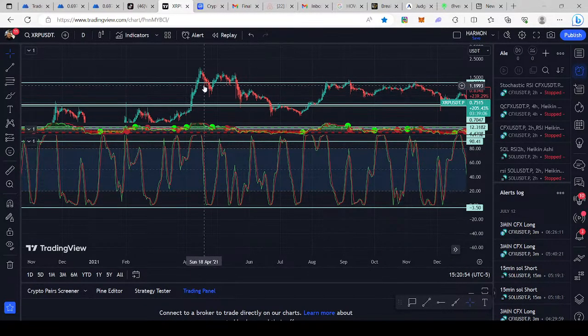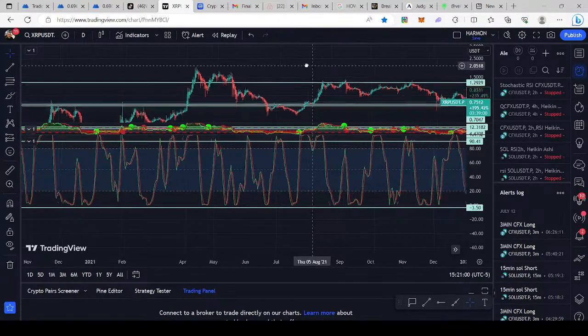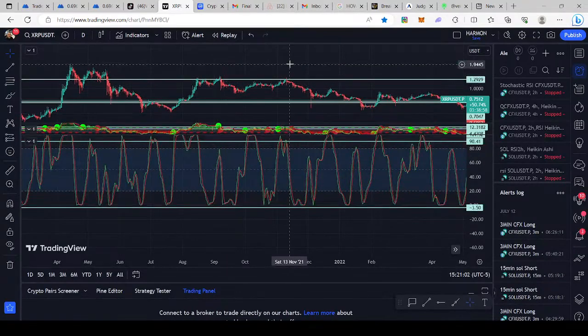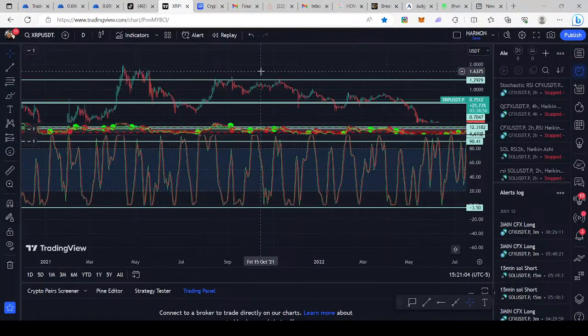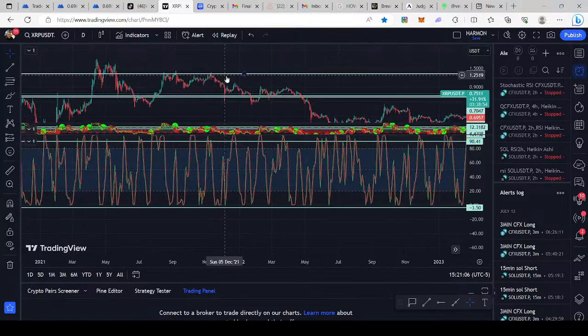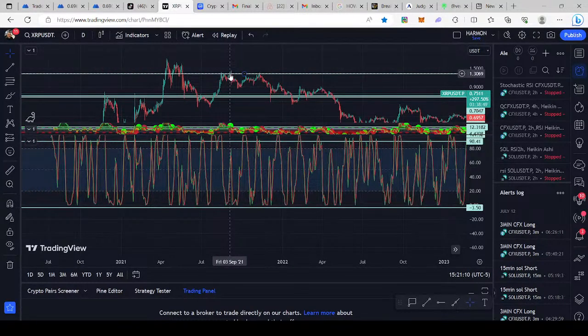So it hit here, came down, used it as support here, came up, touched it again, touched it again, touched it again. So this is letting us know that this is probably the next target for XRP. That's $1.30.